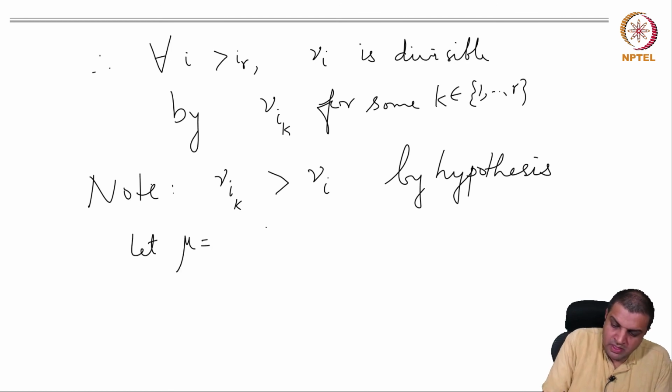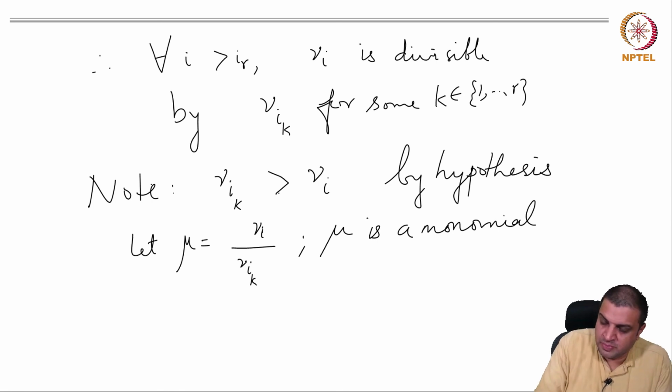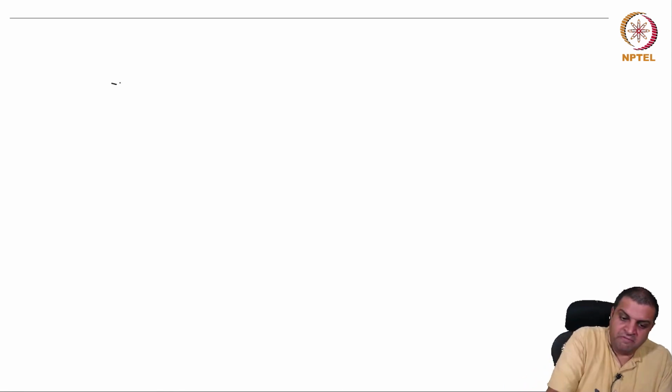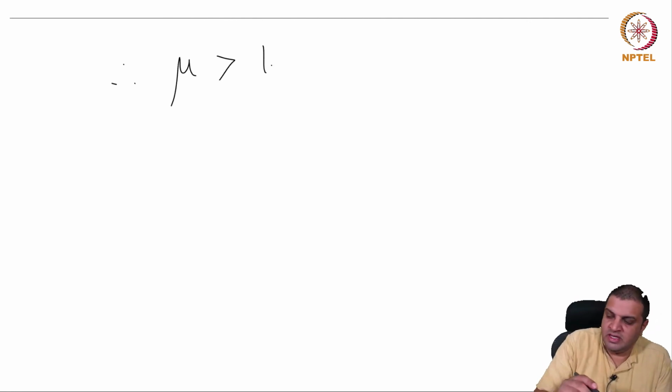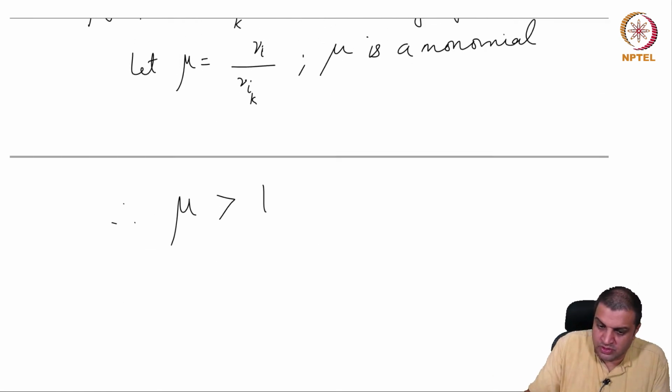So let mu be nu i divided by nu ik. So this is a monomial. With respect to the given order, mu is bigger than 1. This is the definition of a monomial order. Now put these two together.